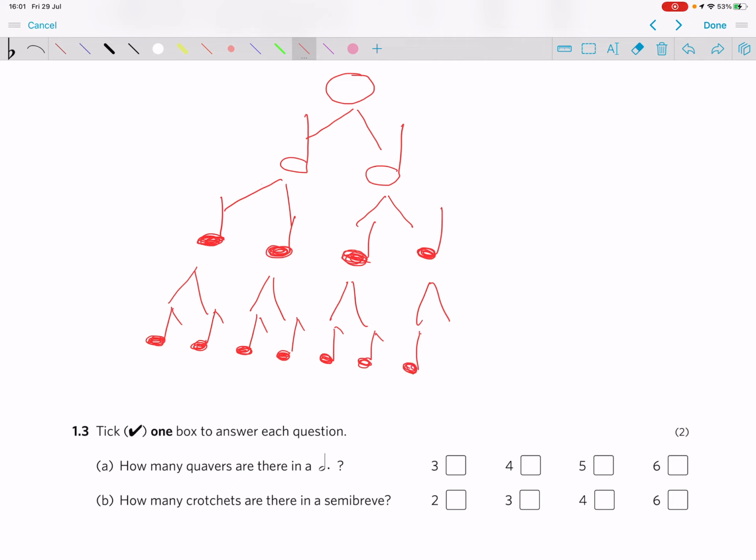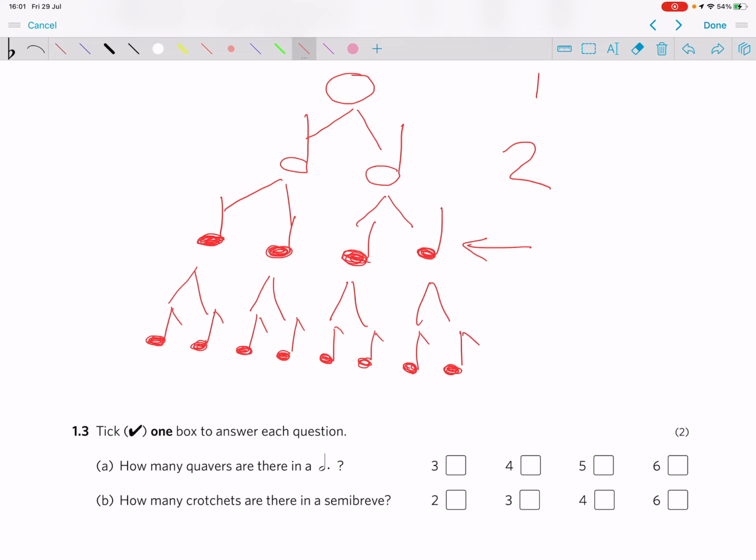So now, how to work this? The best way of working this is, if I look at the question, work out some numbering system first of all. So how many semibreves go into a semibreve? Silly question, but the answer is 1. How many minims go into a semibreve? The answer is 2. How many crotchets?